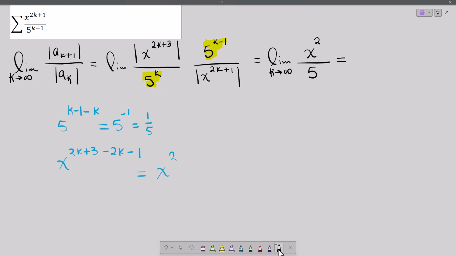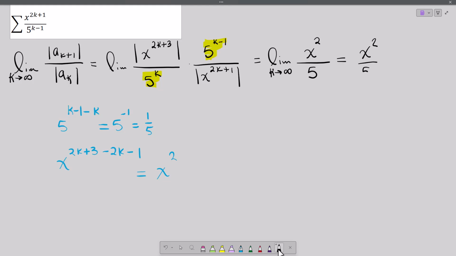And how about the limit of this? This limit is as k goes to infinity. 1/5. Is there a k in there? No. So it's 1/5. What happened to the x's? They go to the front. So it's part of the limit though, right?